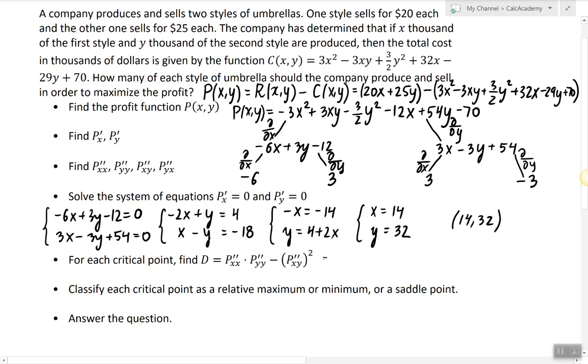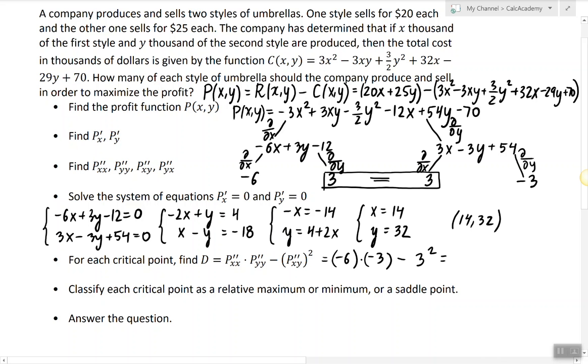So to find the D value, we're just going to use the formula, and Pxx is -6, Pyy is -3, Pxy, or the mixed derivative, is 3, and the other derivative is also 3. So these two mixed derivatives are the same.